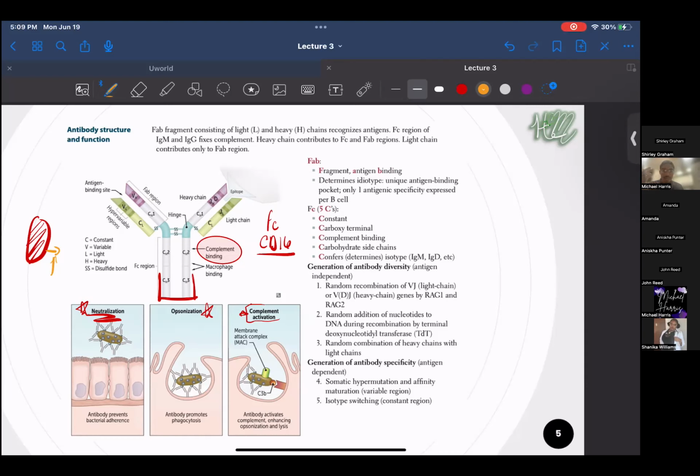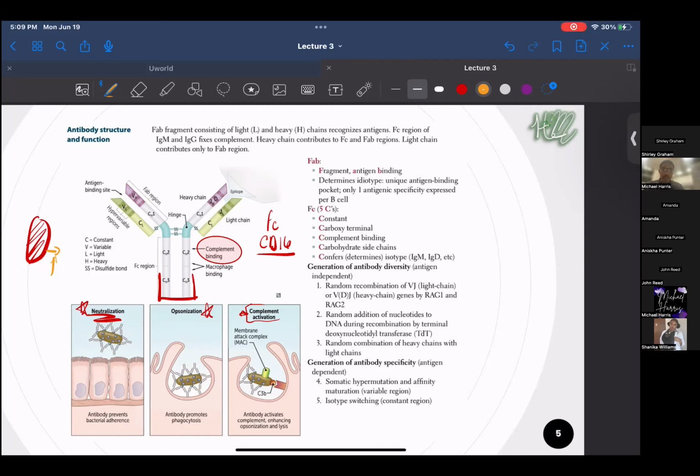And this is known as neutralization. Now, neutralization is really big when it comes to toxins, because that's a big player pertaining to snake bites, and tetanus toxins and stuff like that, toxins that microbes make.